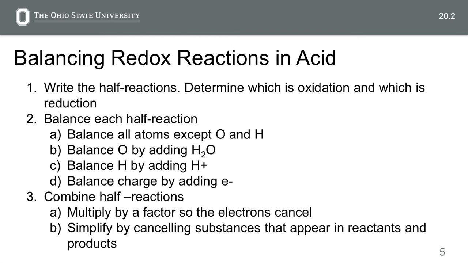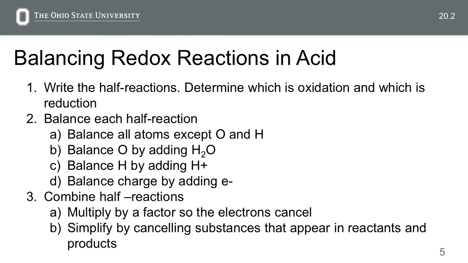So this says balancing redox reactions in acid. That's often the way we balance difficult redox reactions. You may have done some balancing before where you didn't have to worry about whether it was in acid or in base, as we're going to see here in a couple more slides. But often our redox reactions are taking place in acid or base, and so that is why this is our approach.